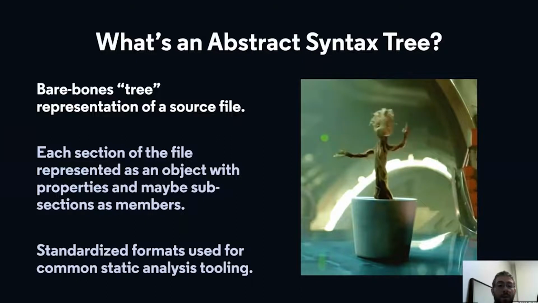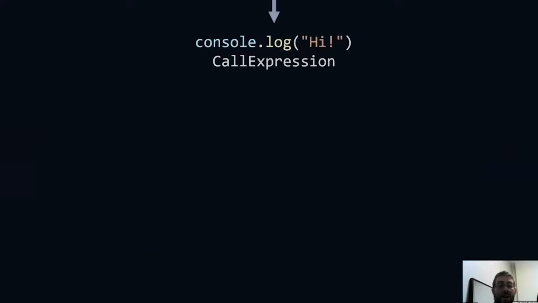If you were to map it out, it might look like an upside down tree or the roots for a tree. Let's do that. You might have a console.log hi, which is what's called a call expression. We're calling something. Expression refers to the general type, and call is specifically that we're doing something that is calling. This console.log hi has two children in our tree.